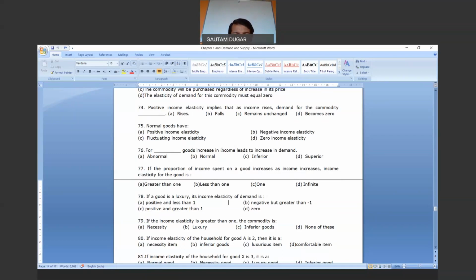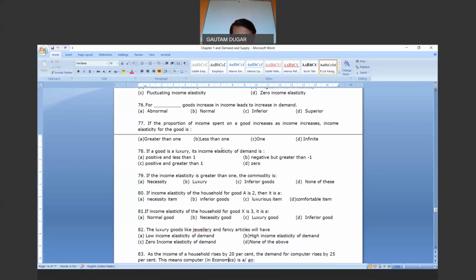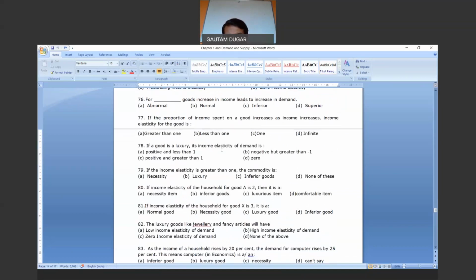Next. For dash goods, increase in income leads to increase in demand. Obviously normal goods. Next. Increase in income leads to increase in demand is for normal goods, nothing superior, it's for normal goods. 77.